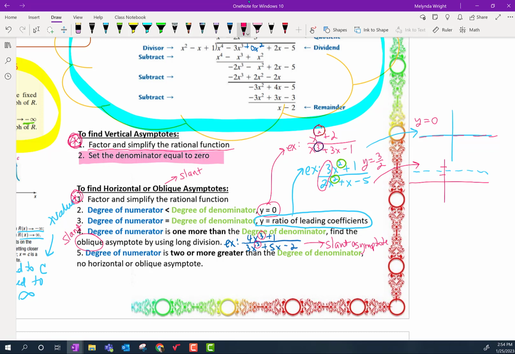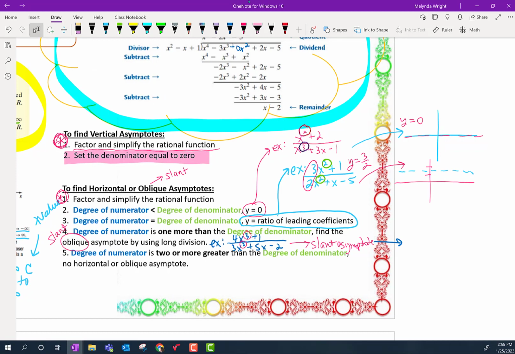If I were to work on this, I would put the numerator, 4x cubed plus 1, inside of the division. And then I would put the 3x squared plus 5x minus 2 outside.